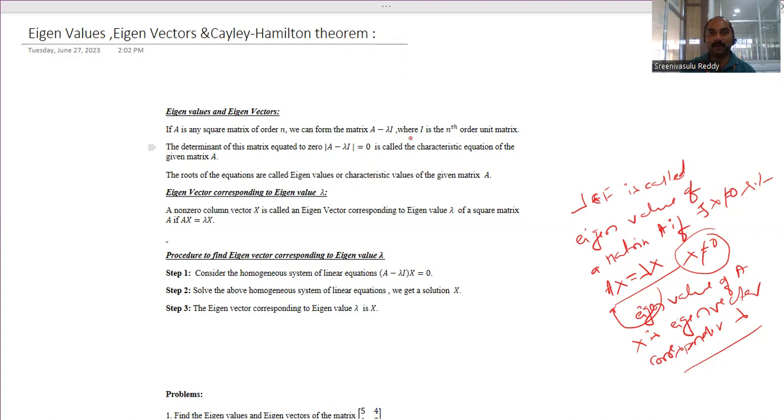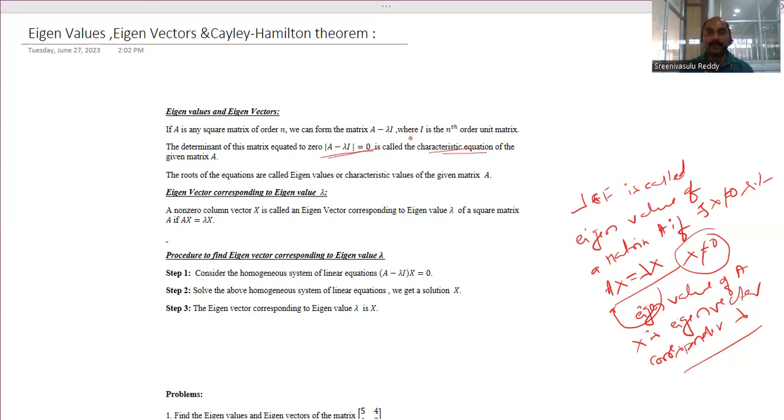The determinant equal to 0 gives a polynomial in lambda whose order is n. This is called the characteristic equation of the given matrix A. The roots of this determinant polynomial are called eigenvalues.